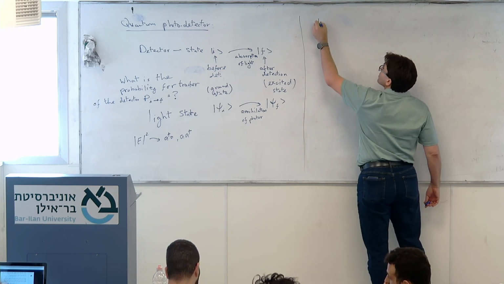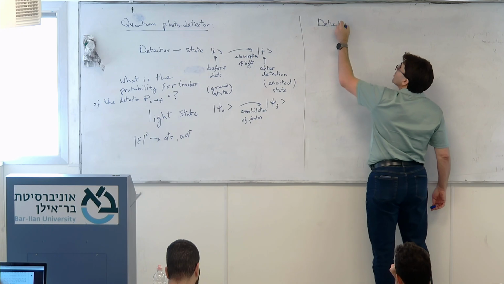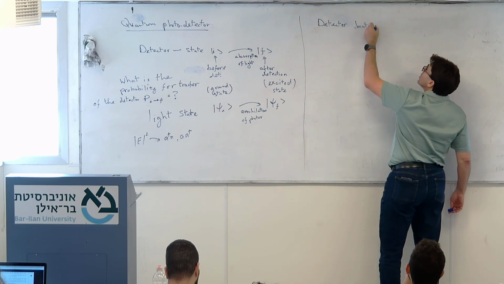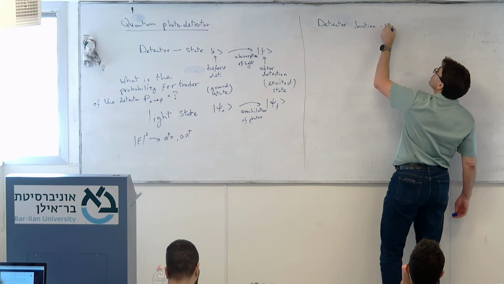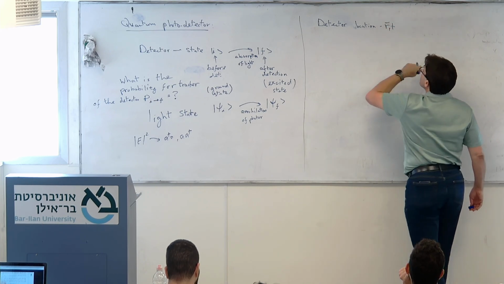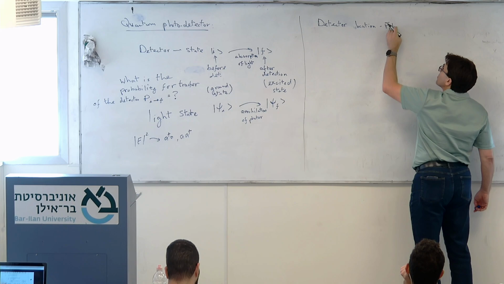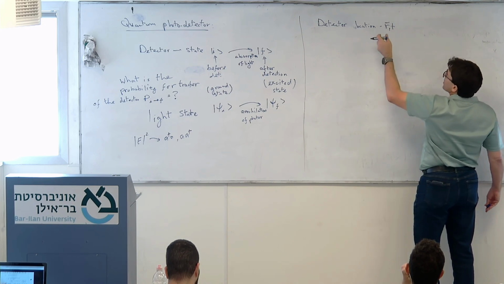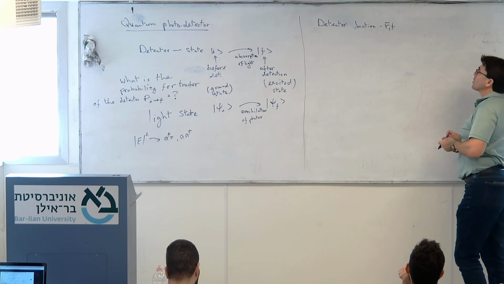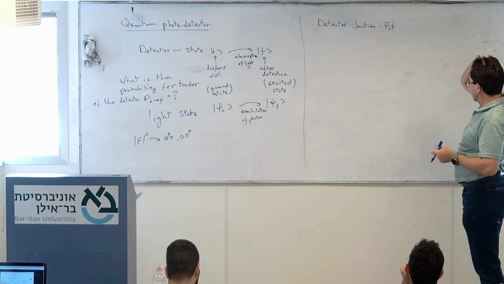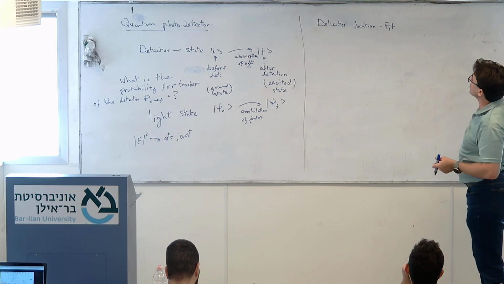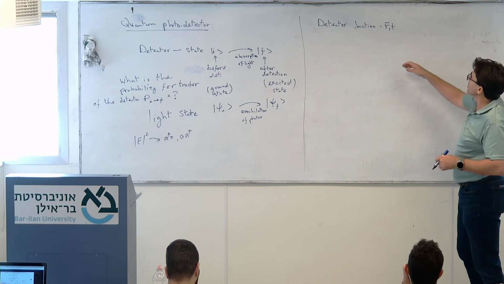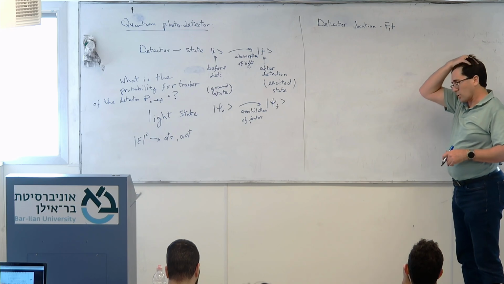If the detector location is, of course, R and T, I'm asking what's the probability for a detection in the vicinity of this, the probability for a click at that point in time, at that location in space.